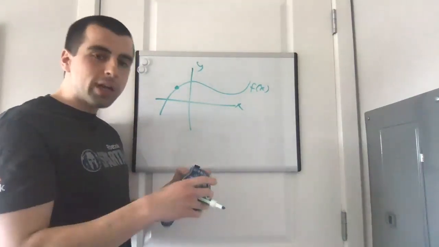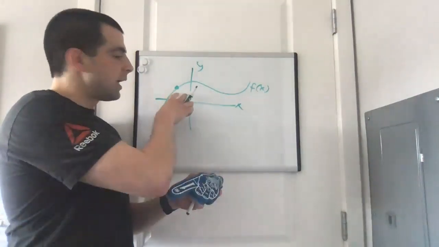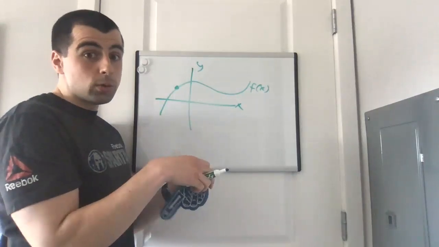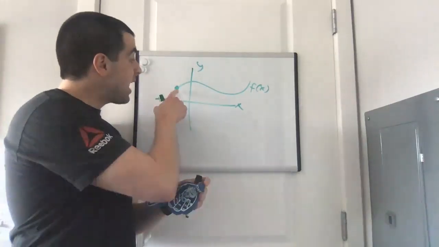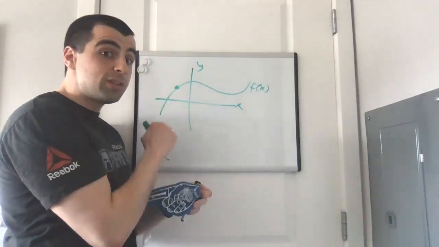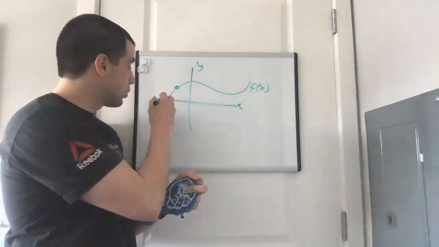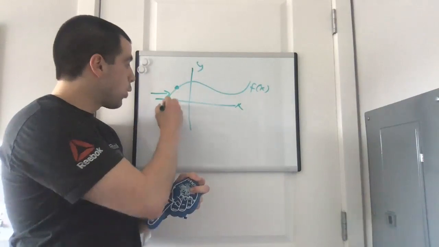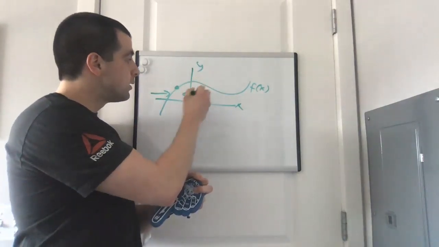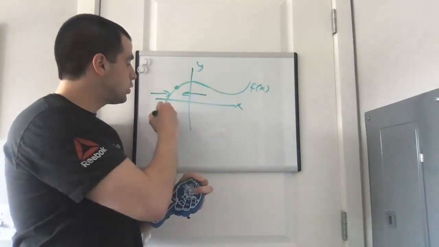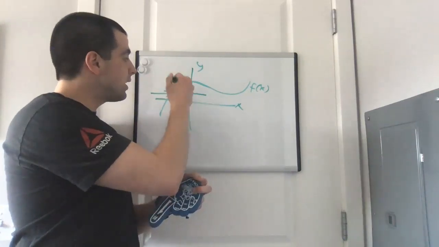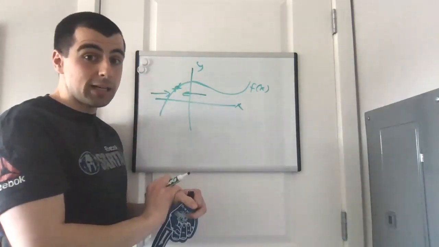Well, in Calc 1, we saw that this limit is defined if a couple things hold. It doesn't even have to be defined as a function there. If it's defined going from the left and from the right to the same point. So if I go from the left here and go up, and if I go from the right, this function traverses from the left and right, it approaches the same exact function height.